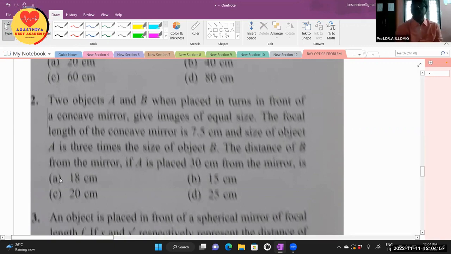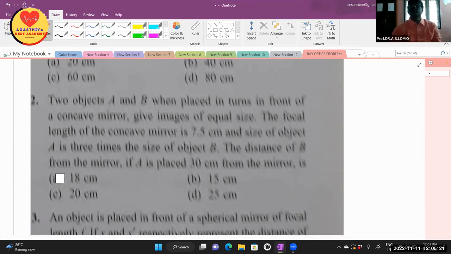Two objects A and B, when placed in turn in front of the concave mirror, give the equal size image. The image obtained by placing the objects A and B will be the same size. That is a concept.